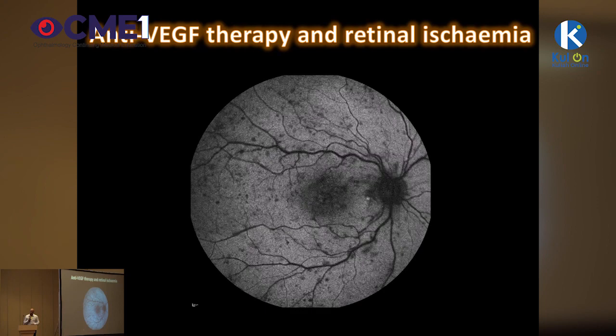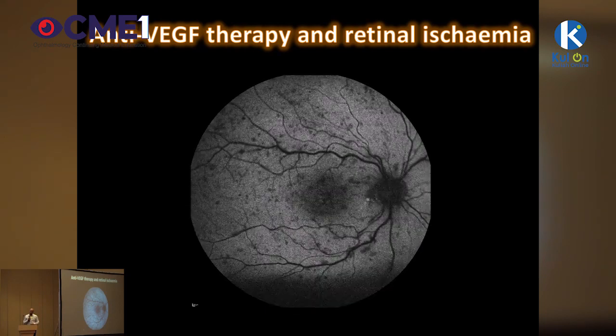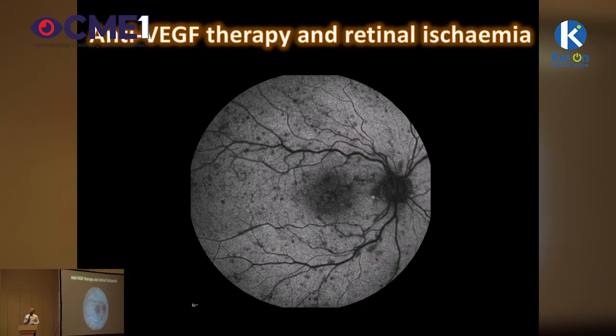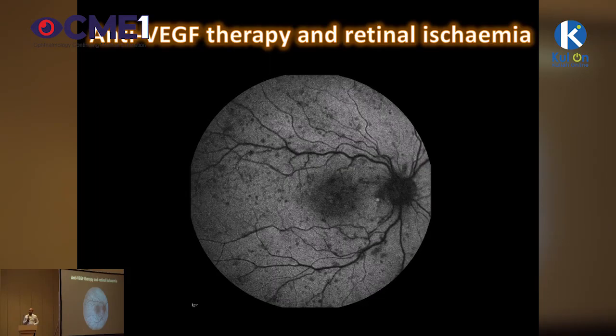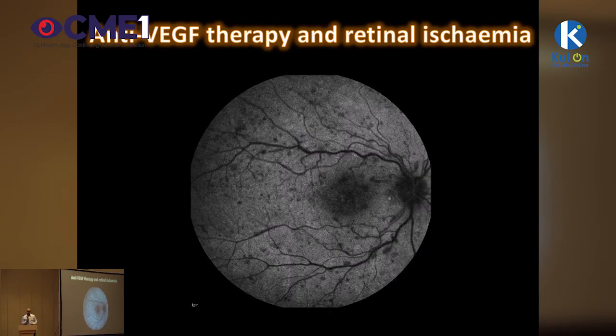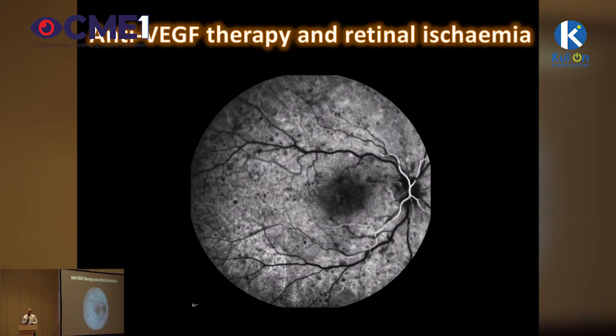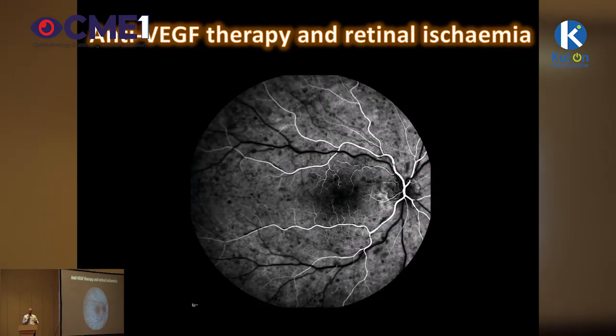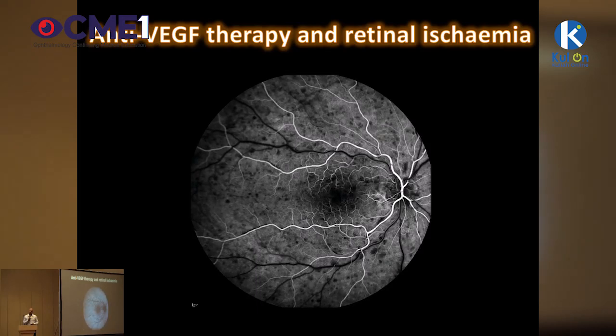So this is the fluorescein angiogram. If you wouldn't mind just playing the video, please, on the slide. Oh yeah, good, thanks. So just pay attention to how long it takes for the dye, the fluorescein, to get into the retina in this particular patient.